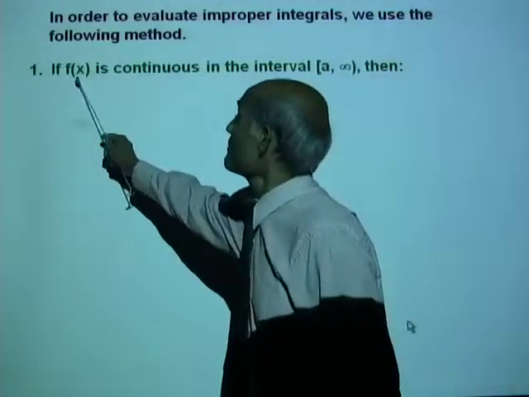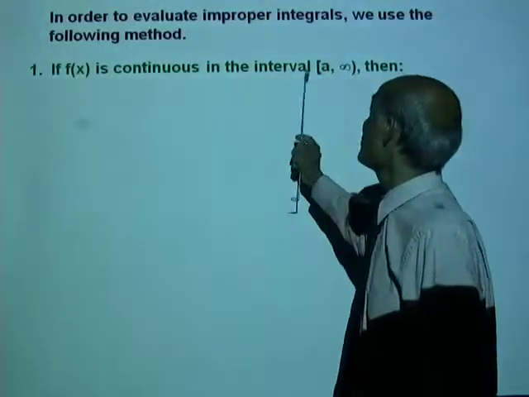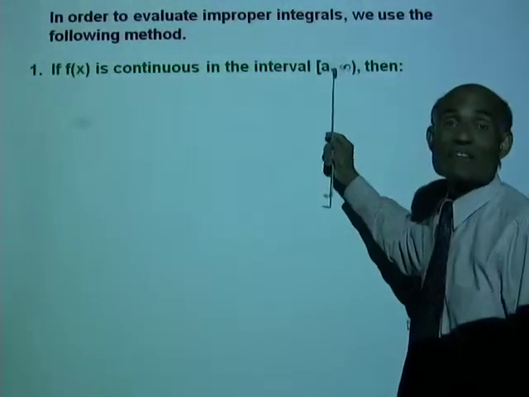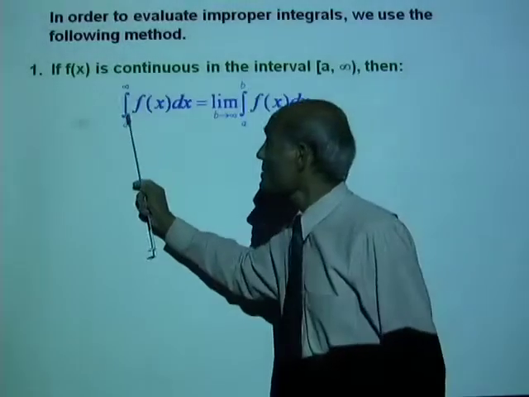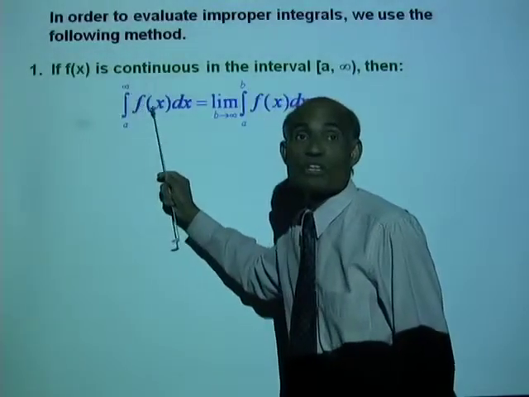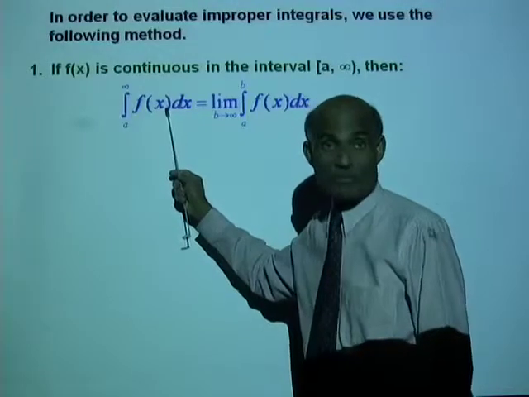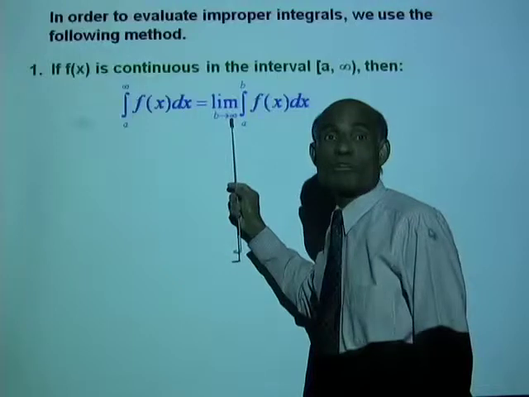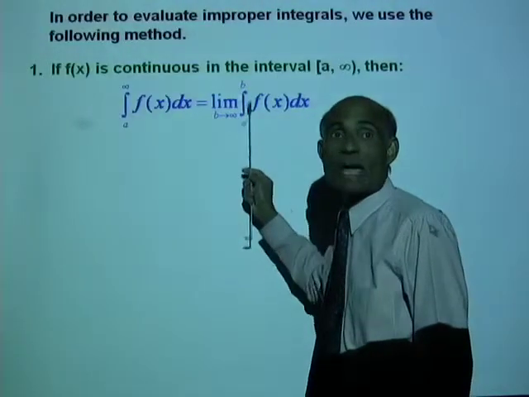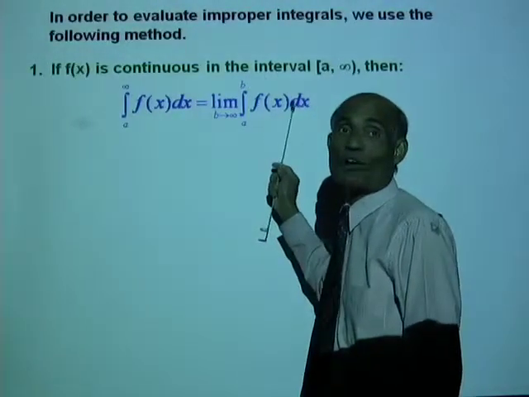Now, if f of x is continuous on the interval a to infinity, there's no break in the function, then the integral from a to infinity of f of x dx can be written as the limit as b approaches infinity of the integral from a to b of f of x dx.